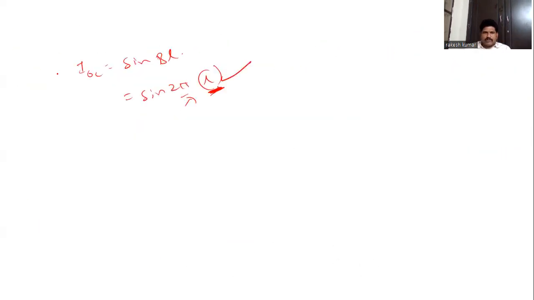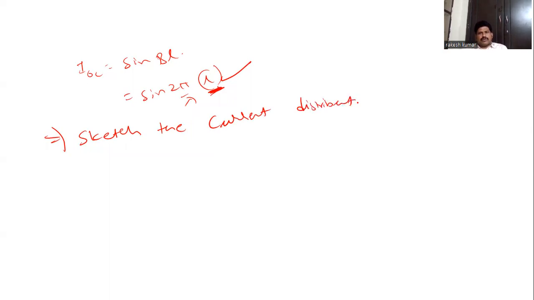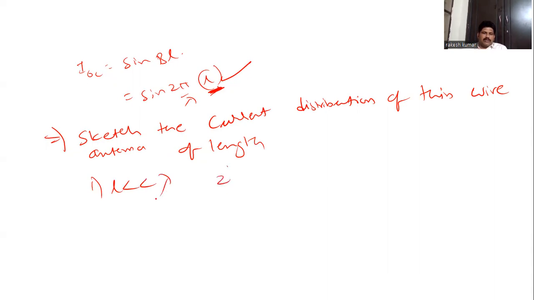Okay, so the question they may ask in your exam is: sketch the current distribution of a thin wire antenna of lengths. First one, if L is very less than lambda.